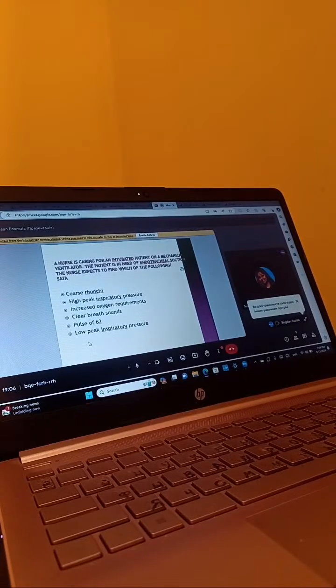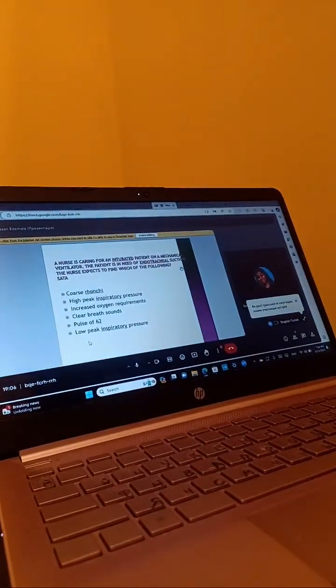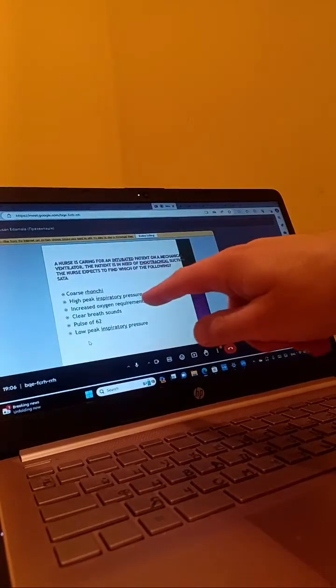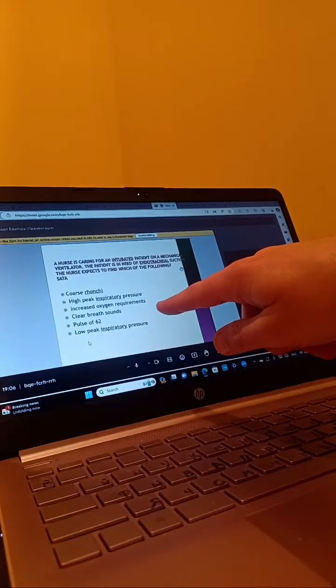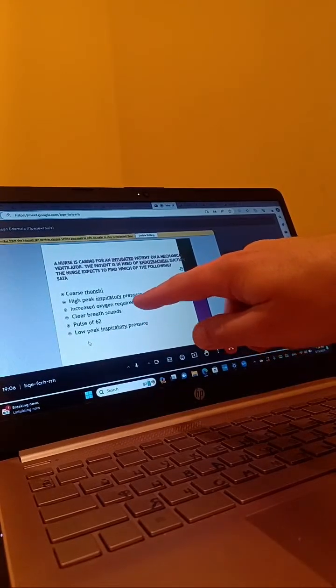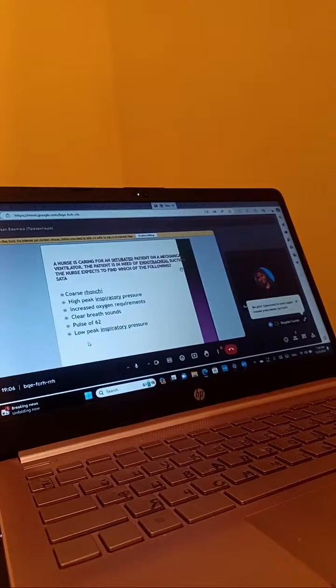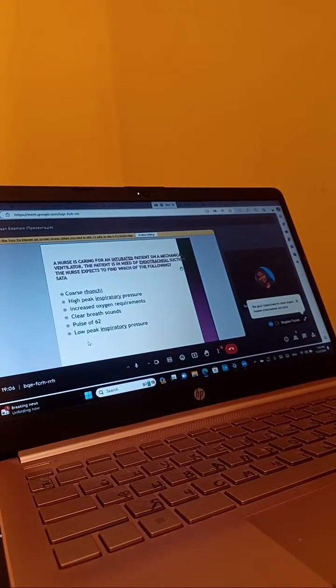A high peak inspiratory pressure. Increased oxygen requirements. Clear breath sounds. Pulse of 62. Low peak inspiratory pressure.